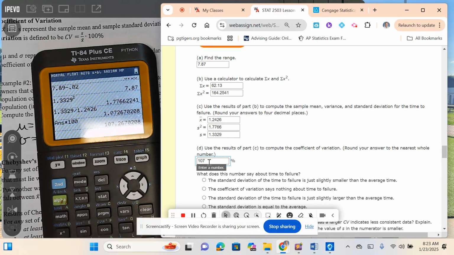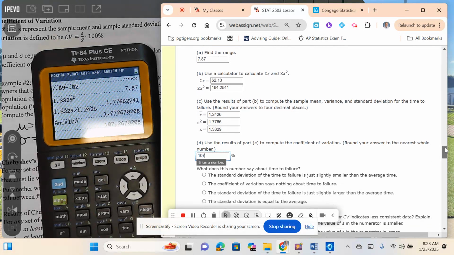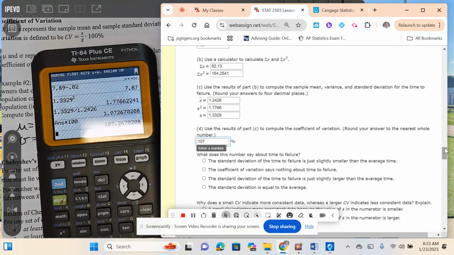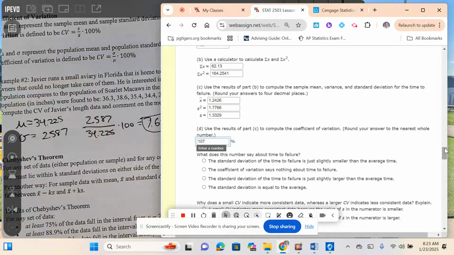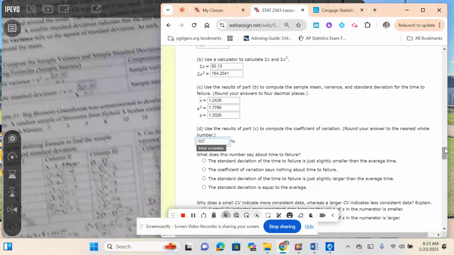Okay. So what does this mean? I briefly went over this. I don't know if I did a great job. The key is if it's over 100%. Like in our notes, it was less than 100%.